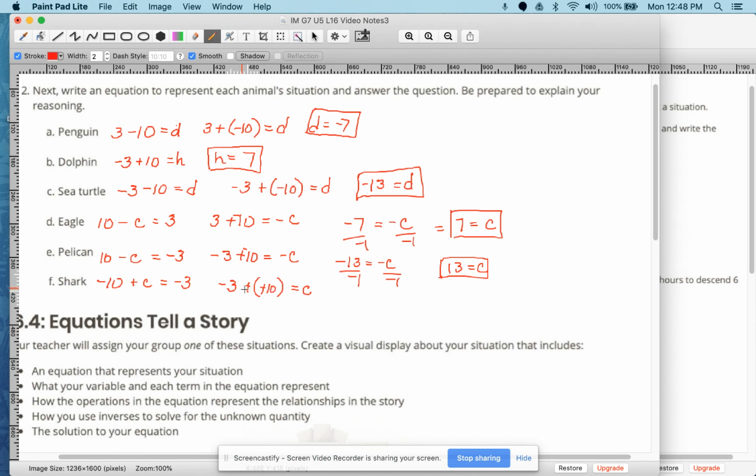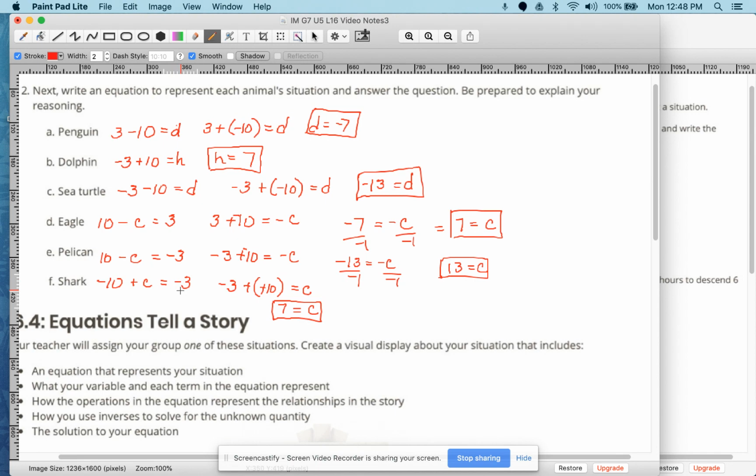The difference between 3 and 10 is 7, and 10 has the larger absolute value, so my answer is going to be positive. So 7 equals C. And again, the shark is swimming at -10 below. He goes up 7 feet, so he would end up at -3.